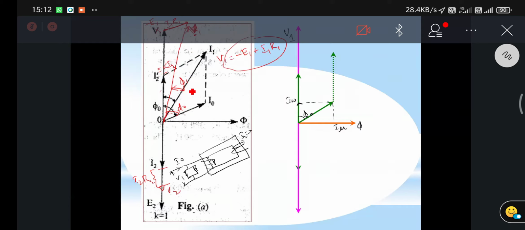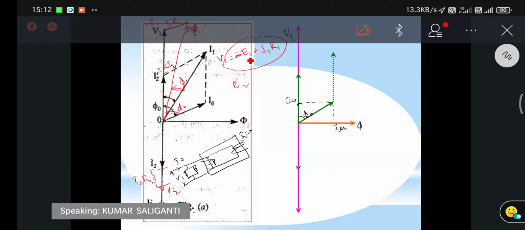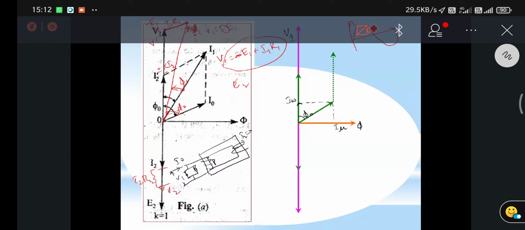Similarly for E2. I have represented minus E1 because the minus sign indicates, as we already discussed in the phasor diagram, that if you draw the phasor diagram, this is V1, and the exact mirror shape gives minus E1, this is E1.